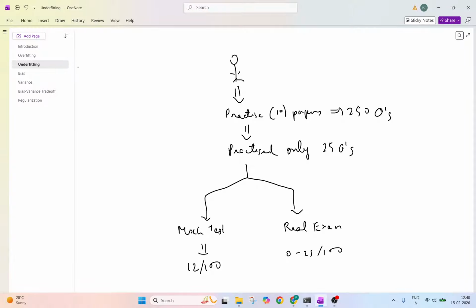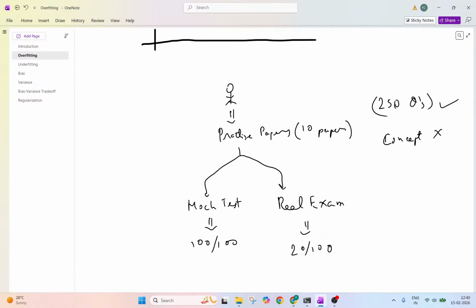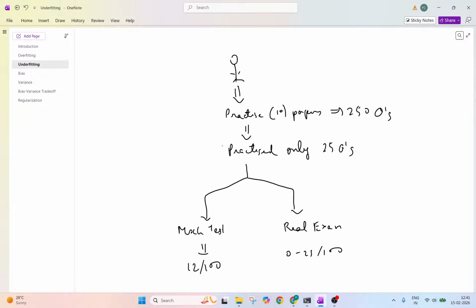These are two cases of students, right? One is a student who is slightly, for lack of better words, maybe dumb in nature, who memorizes the questions and the answers, not the concepts. As a result, even after working really hard, he gets poor marks in the real exam. Another student is a lazy student. He doesn't really work hard, therefore, he gets poor marks both in the mock test and the real exam.